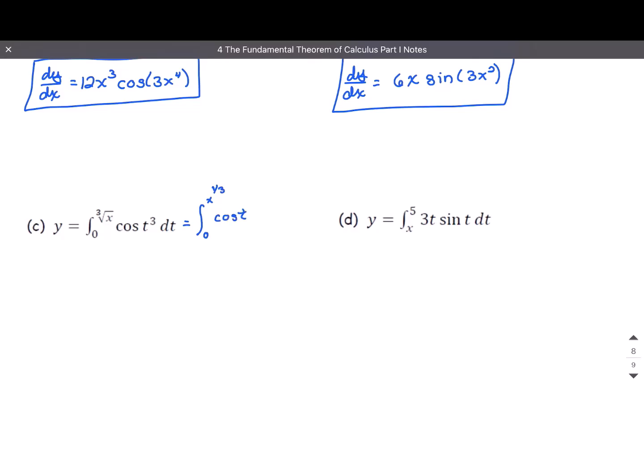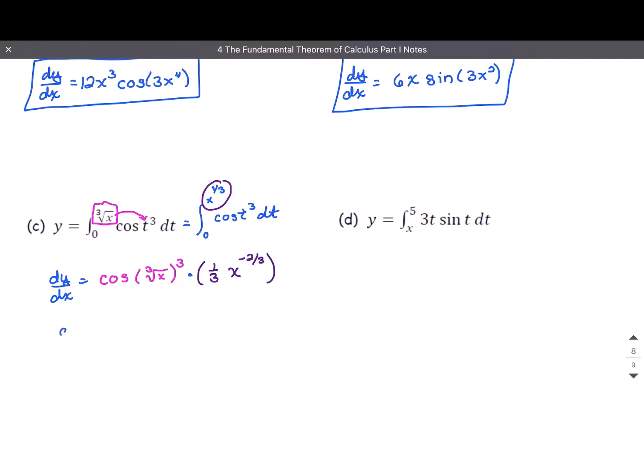When we take this derivative, dy/dx, we substitute the cube root of x in for t, so we have the cosine of the cube root of x being cubed, times the derivative of x to the 1/3. Now the derivative of x to the 1/3, we bring down the 1/3, keep the x, subtract the 1 from the exponent, that's negative 2/3.